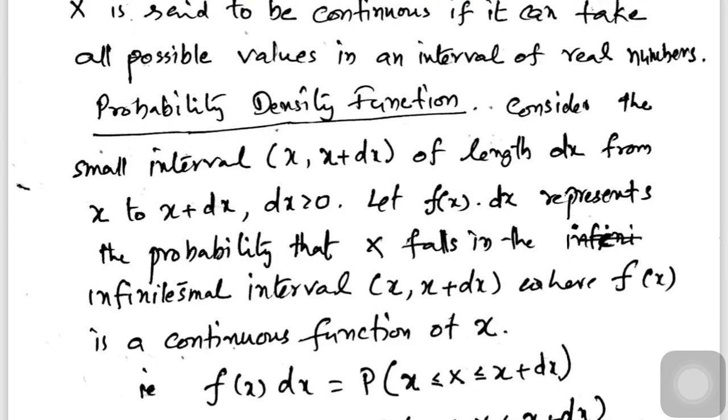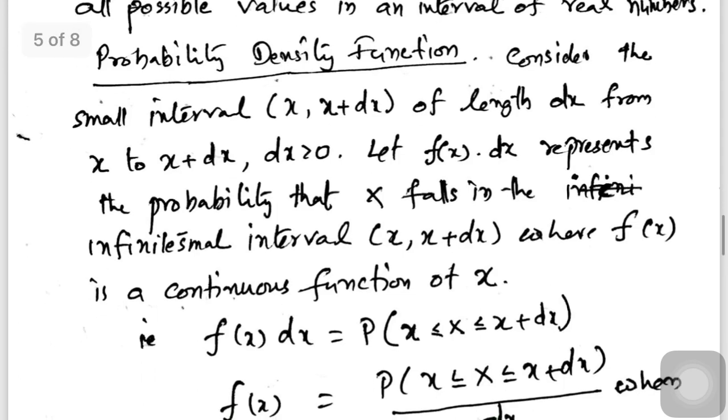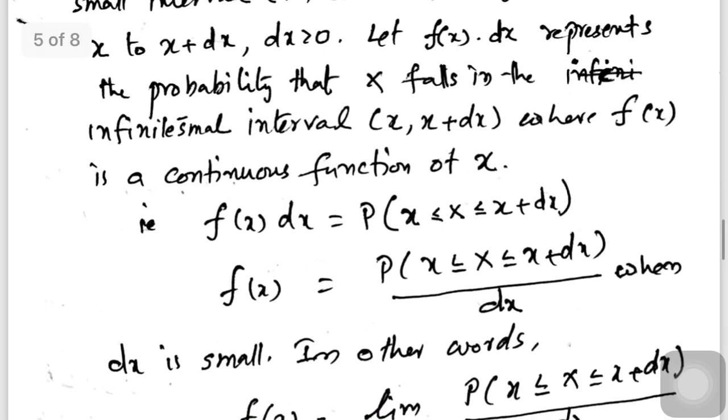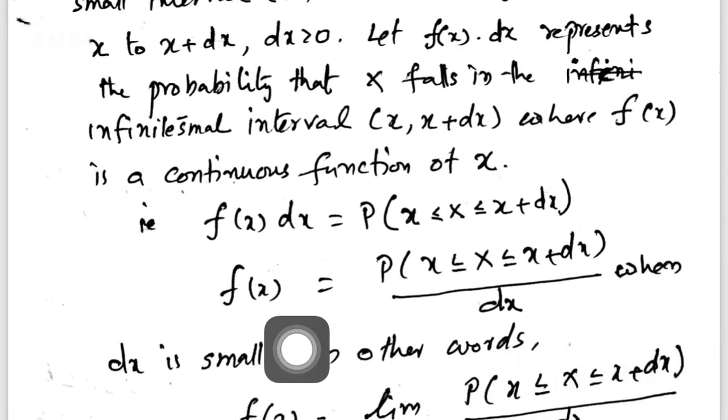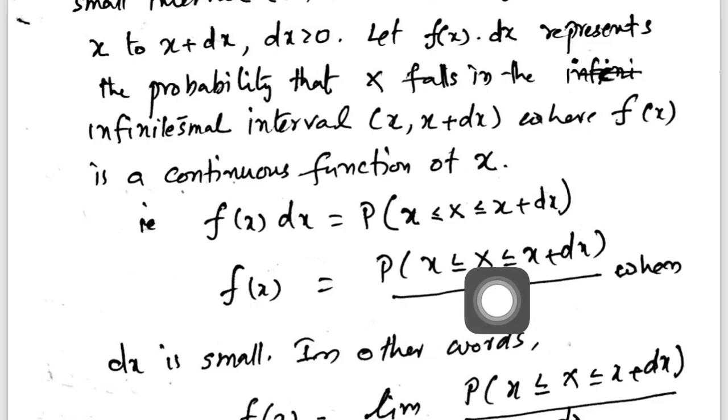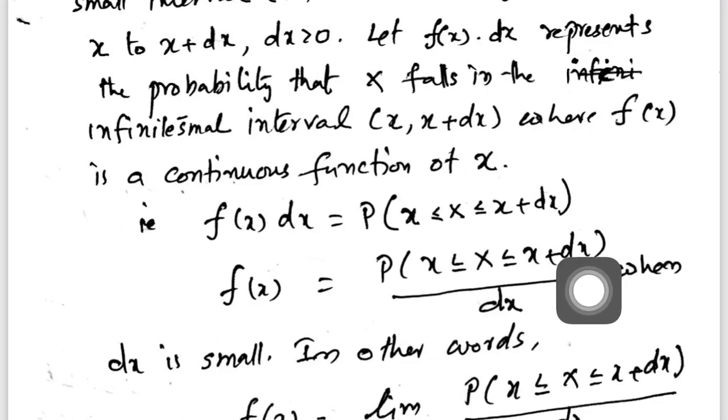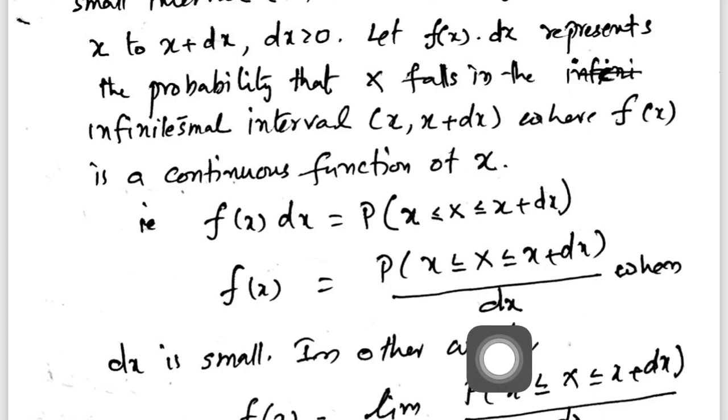And f of x dx is the probability that x falls in the interval x to x plus dx. So f of x is equal to the probability that x takes value in the interval x to x plus dx divided by the length of the interval, usually when this dx is very small.